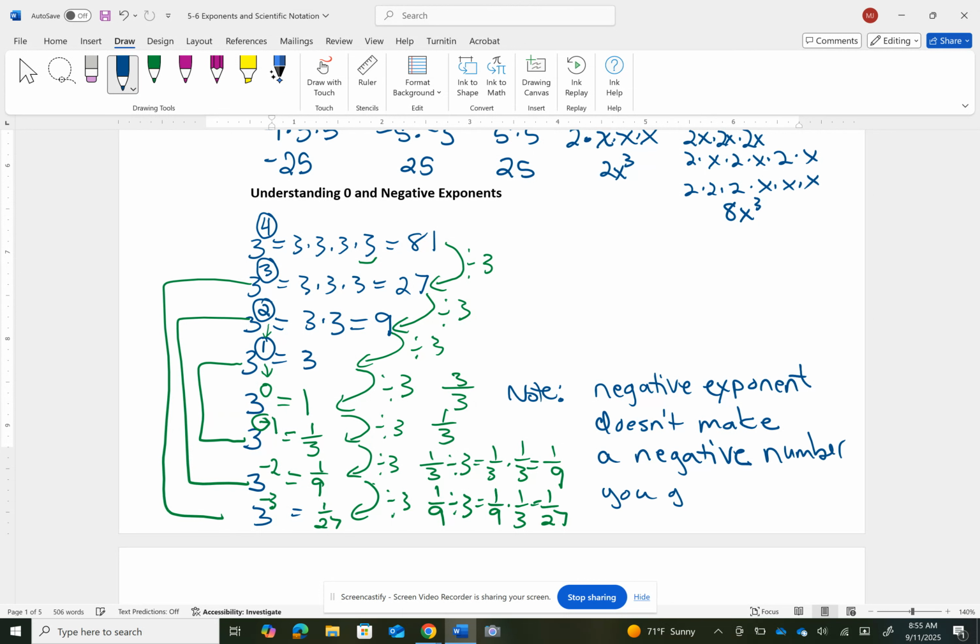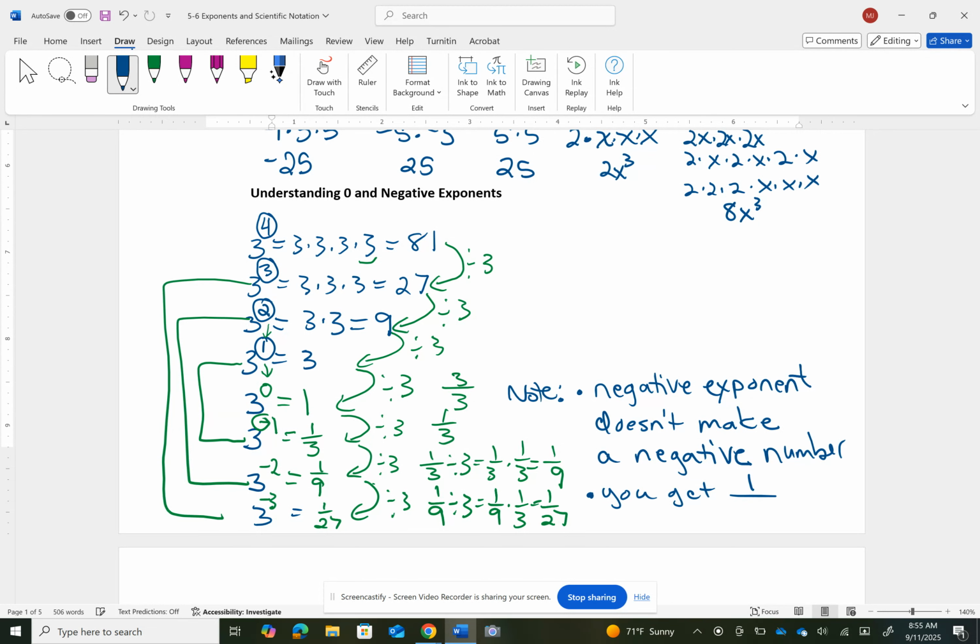You get 1 over something. You get a reciprocal. So a negative exponent doesn't make the number negative. What you really get is 1 over something. Okay? All right, now I do want to consider one issue though.